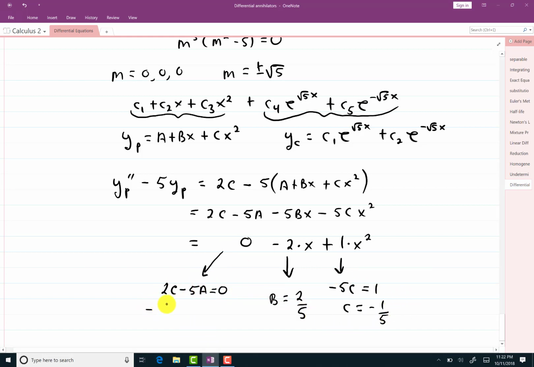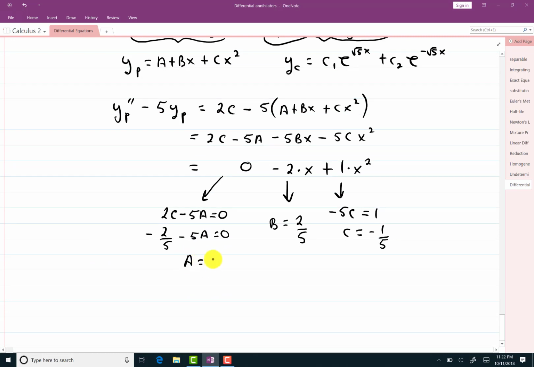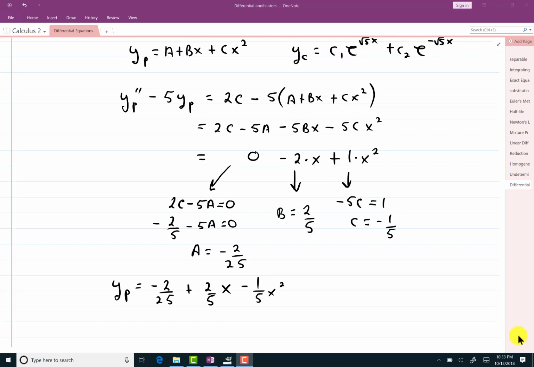So I get negative 2/5 minus 5a equals 0, or a will equal negative 2 over 25. And so my yp can be negative 2 over 25 plus 2/5 x minus 1/5 x squared. And then in combination with the complementary part, you get a full solution. Let's go ahead and move on to example 4.